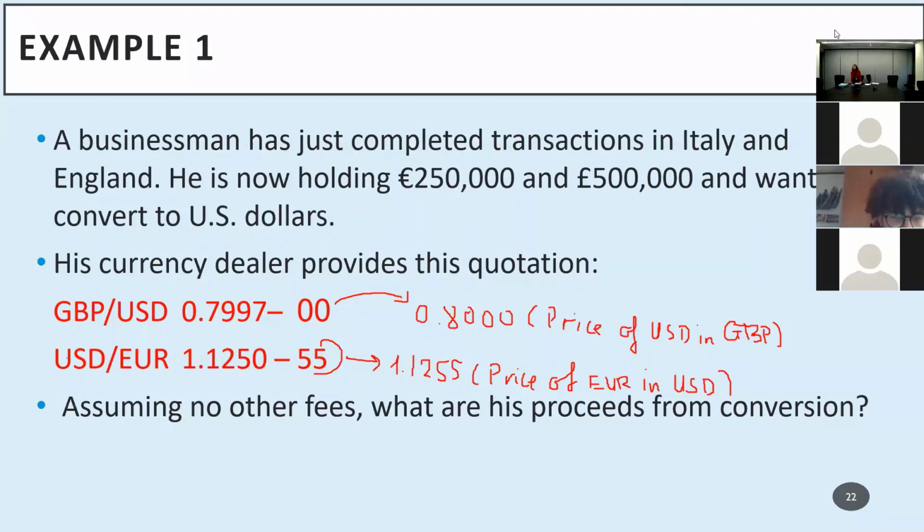Okay, I think we have been back from the break room. So how did we go, guys? How did we go with the two transactions? So if I want to convert the euro, so 2,500 euros into the USD, how much would I get?